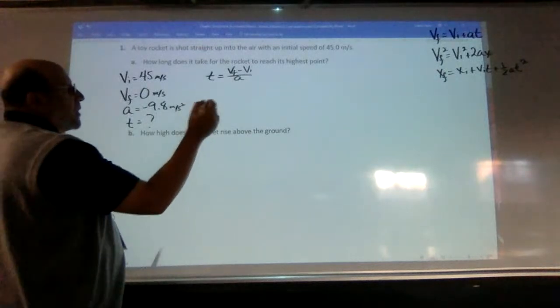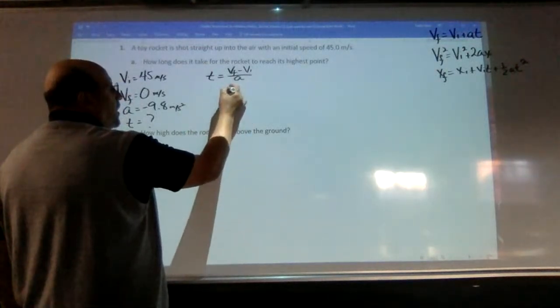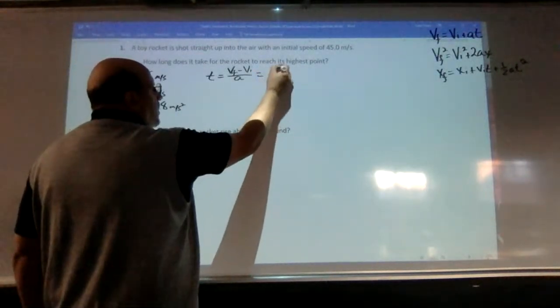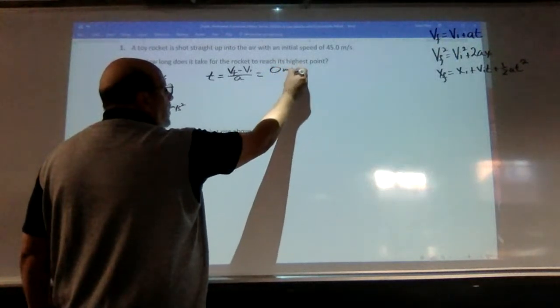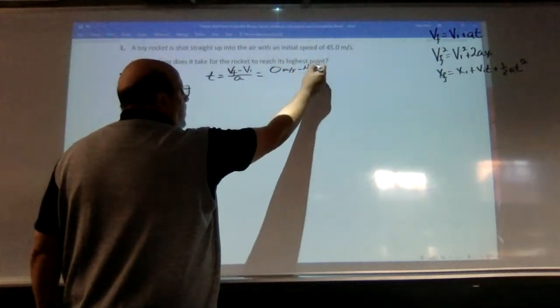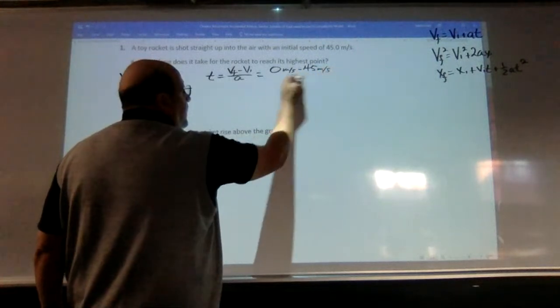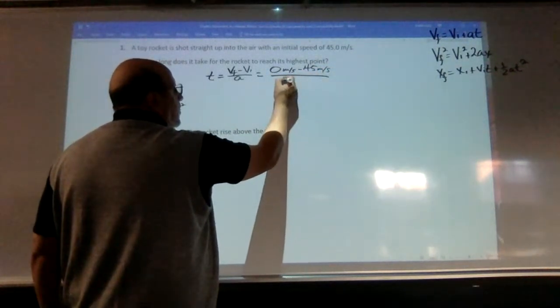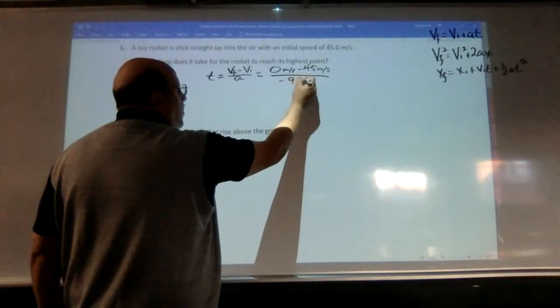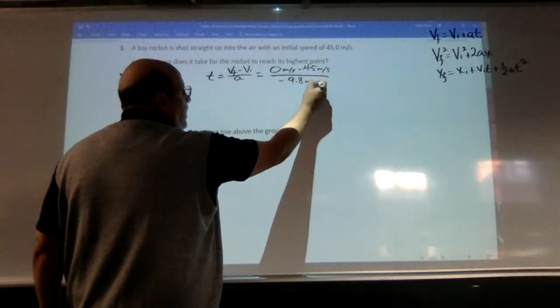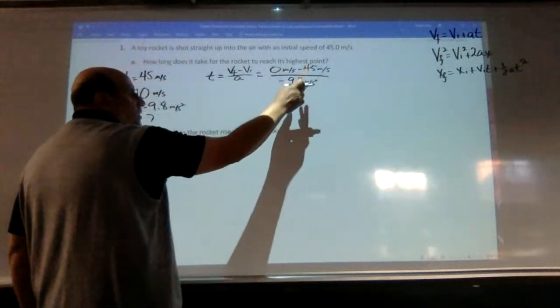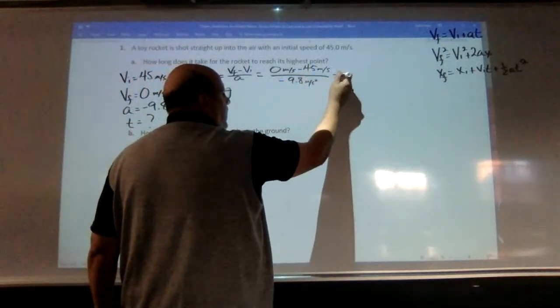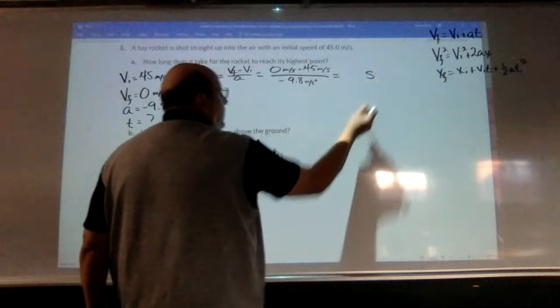Okay, so let's write it out. 0 meters a second minus 45 meters a second divided by the acceleration due to gravity, which is -9.8 meters a second squared. And if you look at the units, they cancel out beautifully, and we only end up with seconds.